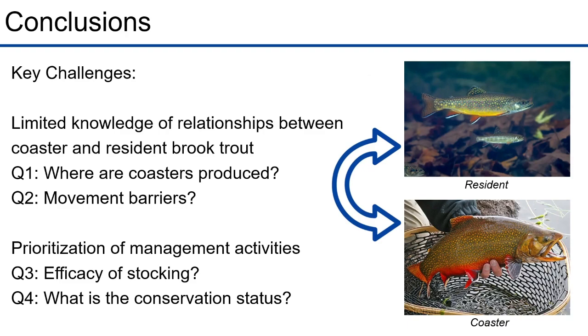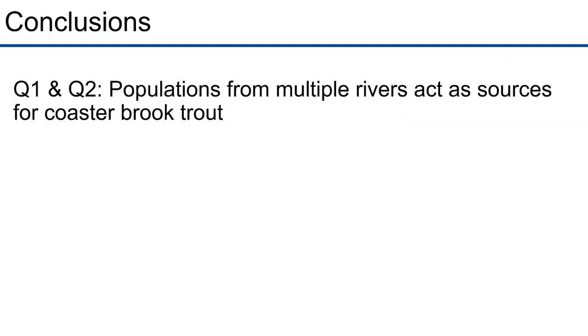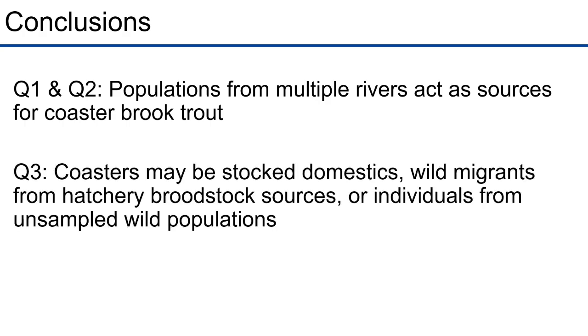And so going into this work, I just wanted to reiterate that some of our main challenges were that we had a limited knowledge of the genetic relationships between resident and coaster brook trout, and we wanted to gain a better understanding of how our management activities influence the conservation of brook trout in the basin. For questions 1 and 2, we determined that populations from multiple rivers act as sources for coaster brook trout, and this information aligns very well with what Chris shared earlier with some of the work that they've done in Ontario.